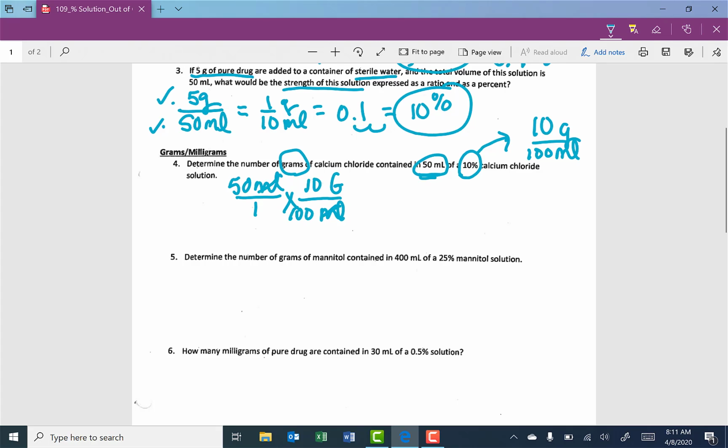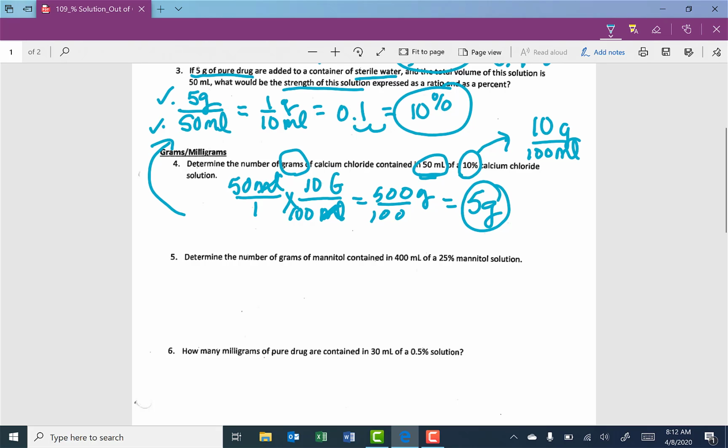Cross out your milliliters, which is what we wanted because we were trying to find grams, and we get 500 grams over 100, which equals 5 grams. So in a 10% solution, if you have 50 milliliters of your solution, you would need 5 grams of your pure drug. And you can see that's the opposite of the one we just did. It's the same exact problem, but we came at it from different angles. The point is trying to understand what percent solution means and what you're given.